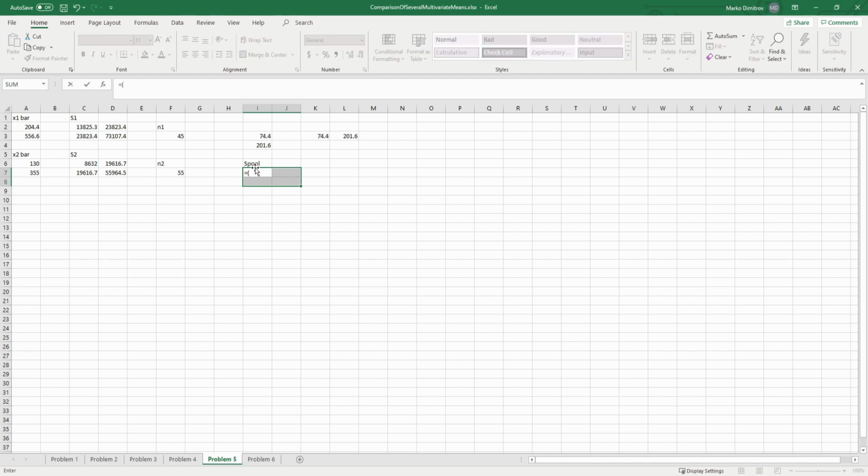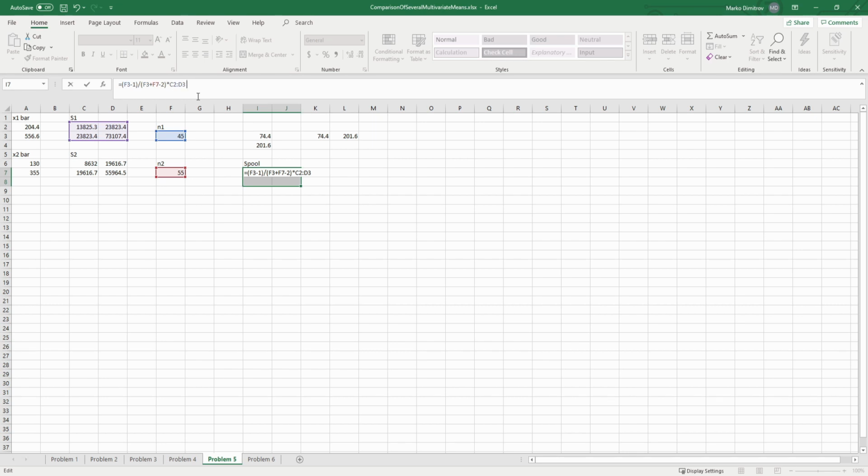We have n1 minus 1 divided by n1 plus n2 minus 2, times this matrix, which is our S1.